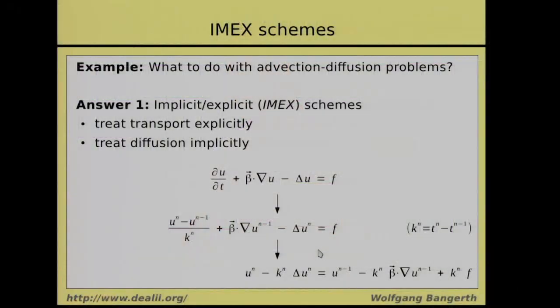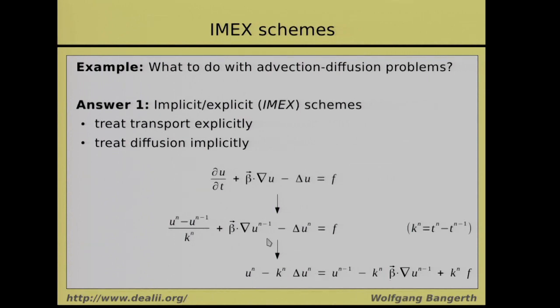So I'm just going to shift the entire spectrum of k times A to the right by 1, basically. So that's a matrix that is symmetric and positive definite. It's not particularly poorly conditioned. It's really easy to solve this one. So using implicit for diffusion and explicit for the advection leads to something that's actually quite nicely solvable, and every unpleasant thing happens on the right-hand side.